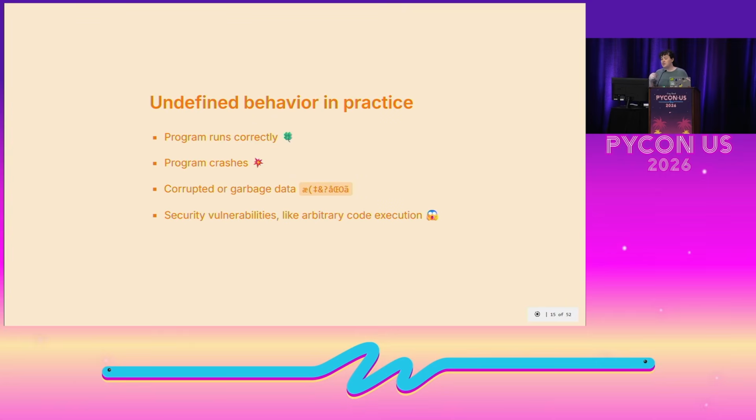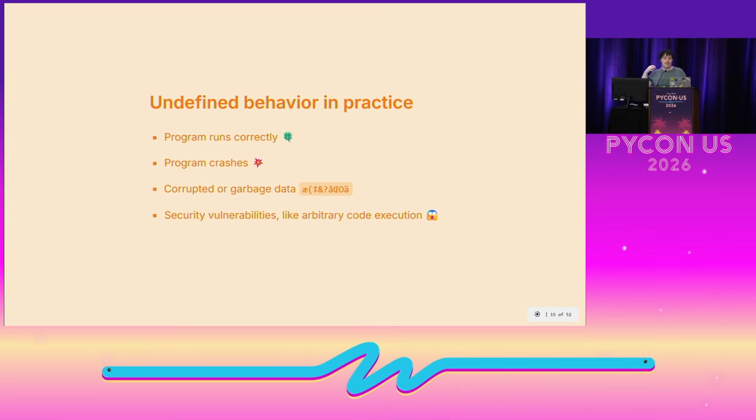And so if you're lucky, the program will run correctly. If you're unlucky, the program may crash. You may also see corrupted or garbage data if you read from the wrong location in memory. And it also can lead to security vulnerabilities, as bad as arbitrary code execution. And there's a long history of buffer overflows and things like that.